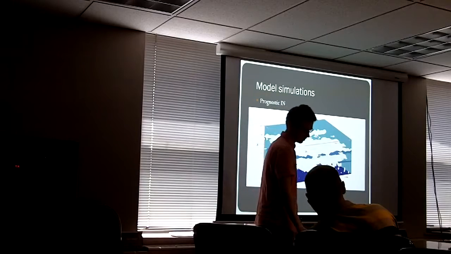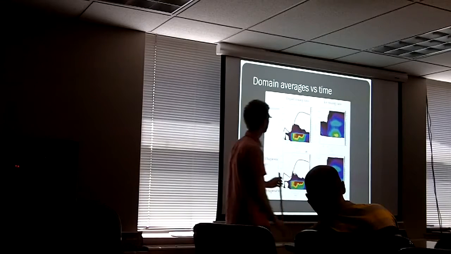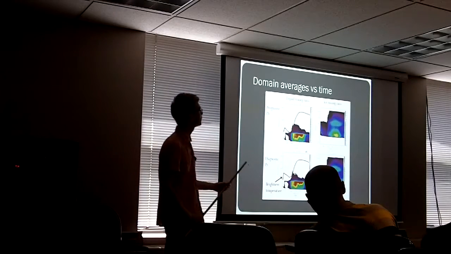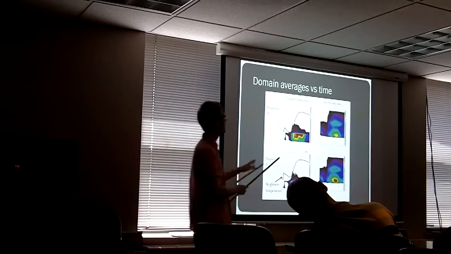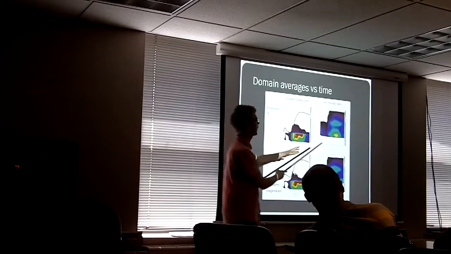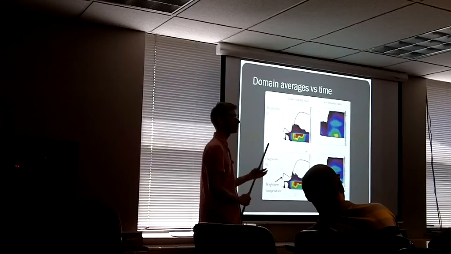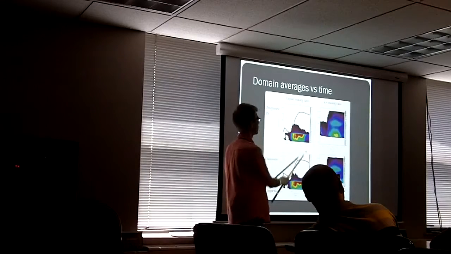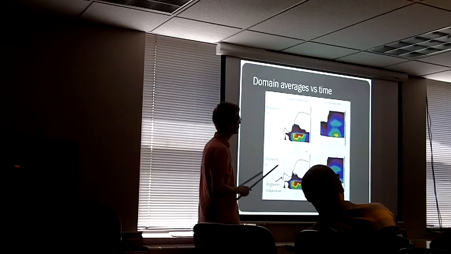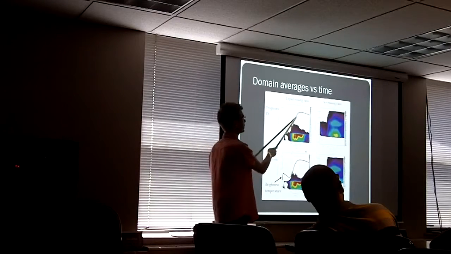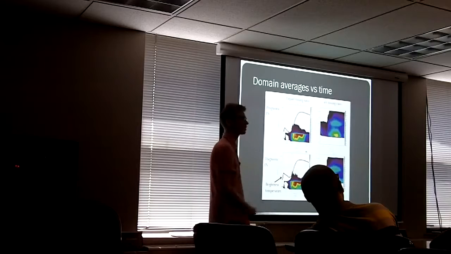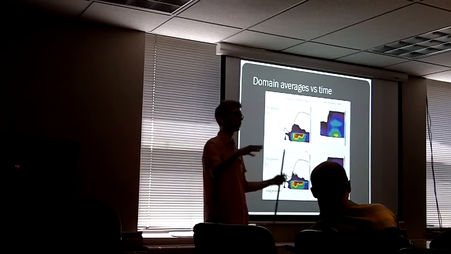To show this in a different way, these are again mixing ratios of liquid and ice, domain averaged as a function of time. The red line is the domain average brightness temperature as a function of time.